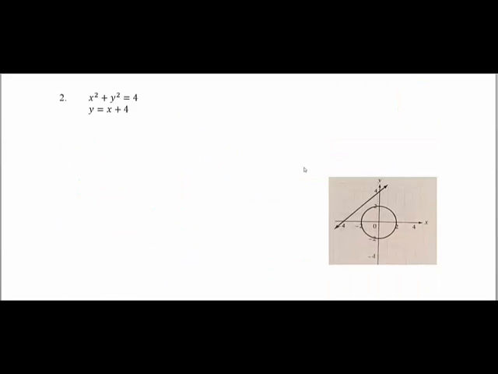All right, let's do our last problem of the video. And you can see that this definitely lands in the, hey, we should probably use substitution, because one of our variables is already isolated. So we're going to put that x plus 4 into the y of the first equation. So we didn't have to do any manipulation to isolate one of these variables.